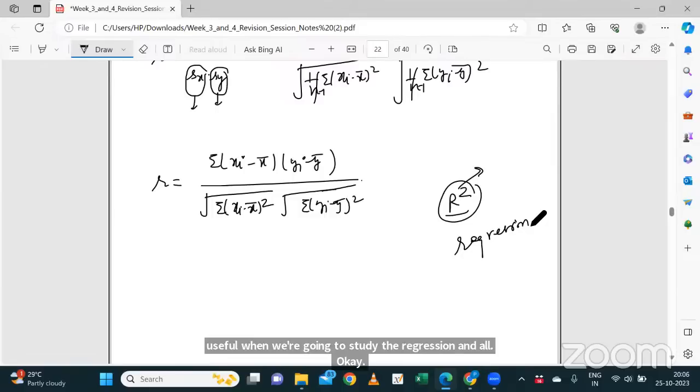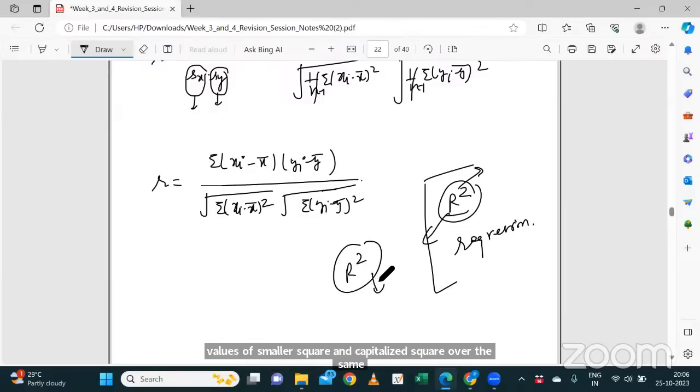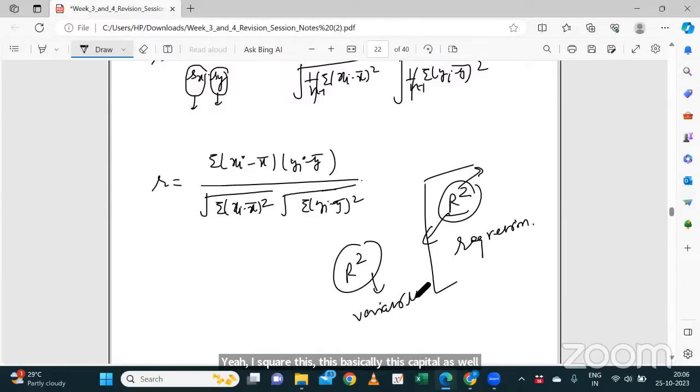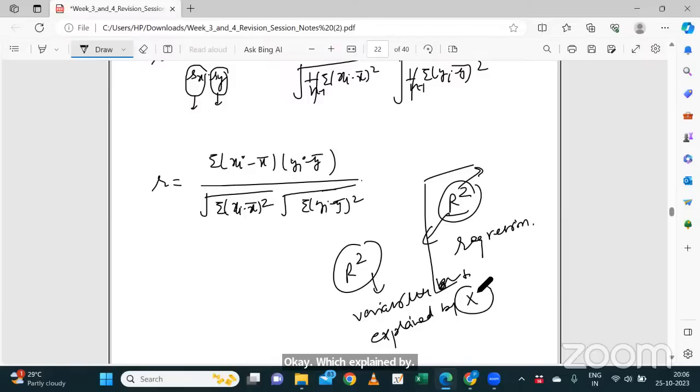Sir, is this R square the same as small r square also? Both of them are same, values are same, range will be same. So values of small r square and capital R square will be the same. This capital R square explains the variability in your data set, which is explained by your independent variables, means your x variables.